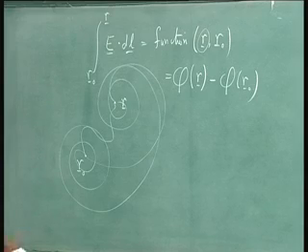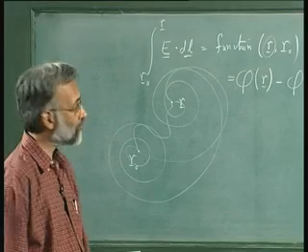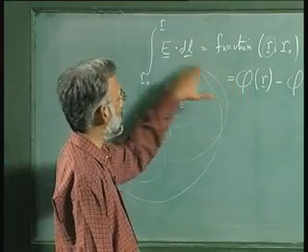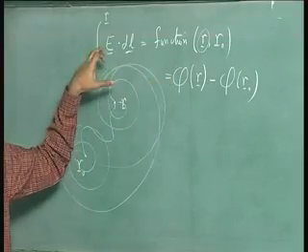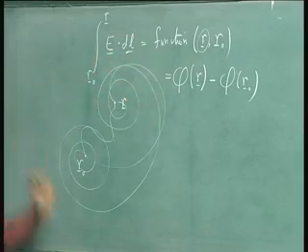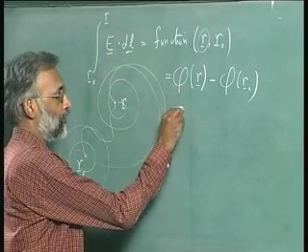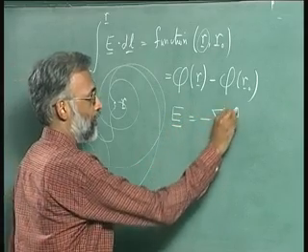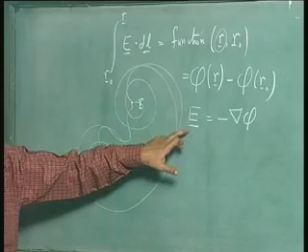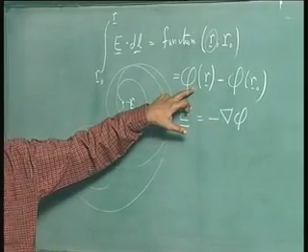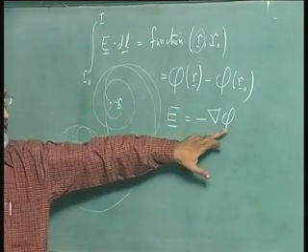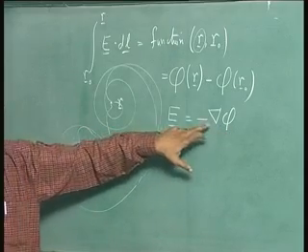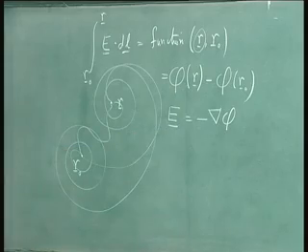Now, another equally important thing that we found out was that you could relate electric field and potential, namely, that the electric field was got by taking this scalar field phi and applying the gradient operator to phi. E was equal to minus gradient of phi.